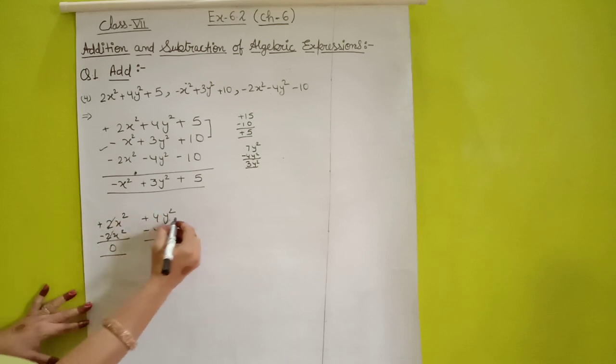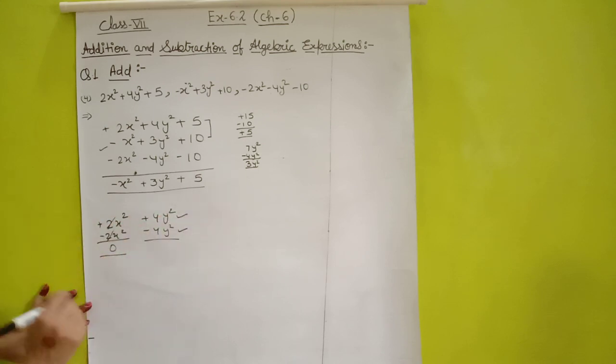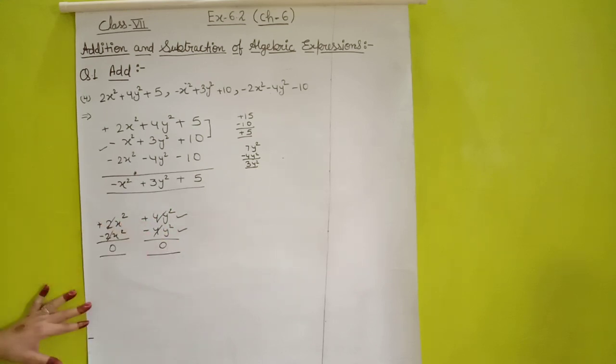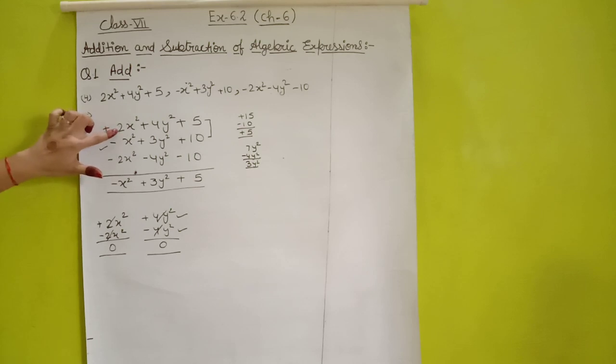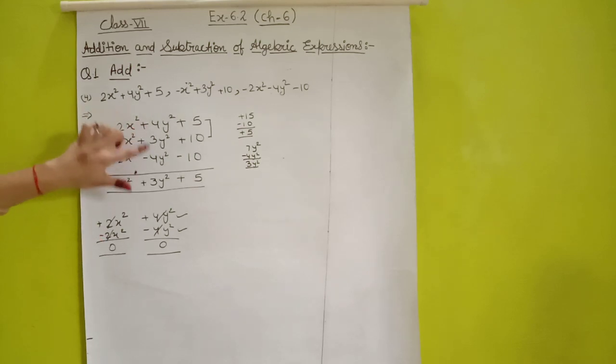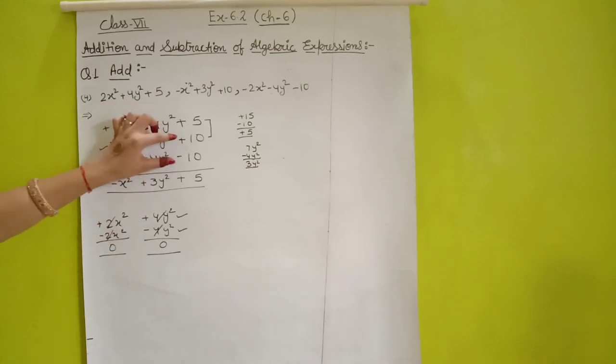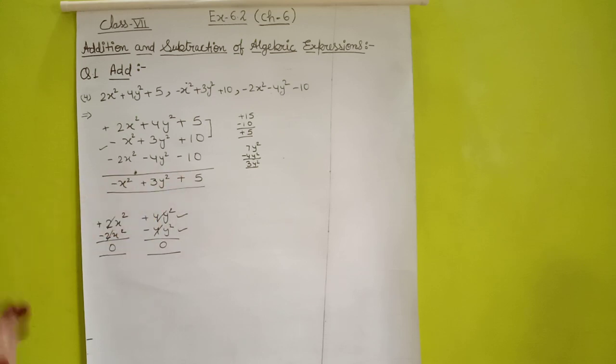So when terms are same and signs are opposite, you can cancel and the answer will be 0. So directly 2x square you can cut and minus x square is your answer. 4y square you can cancel out and 3y square is your answer. 10 and 10 you can cut and 5 is your answer.